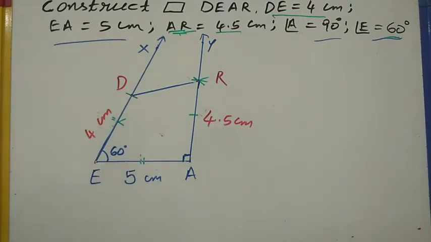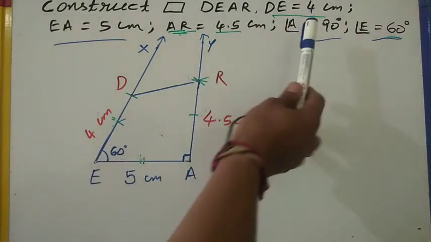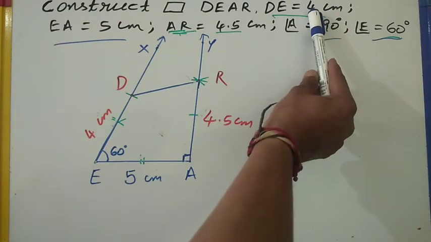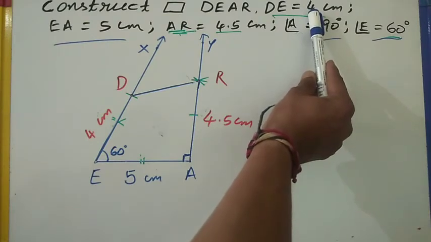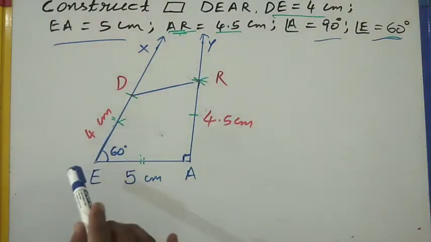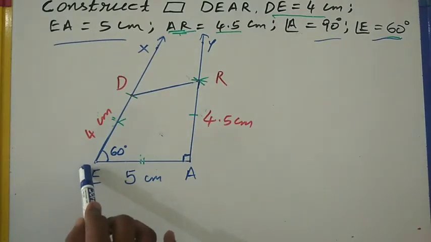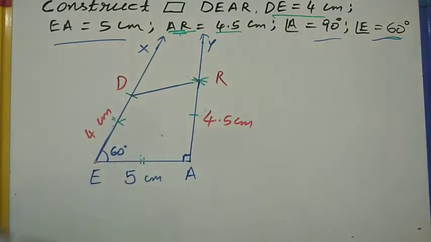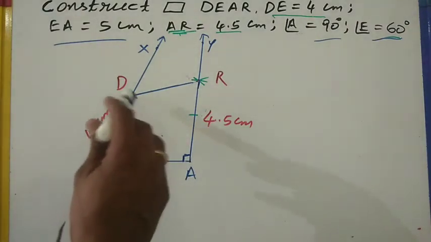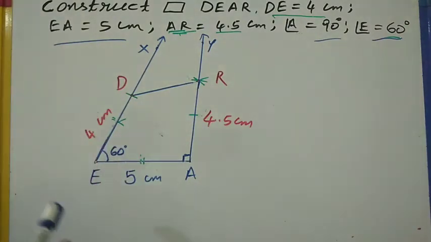Step 4, using a pair of compasses, taking radius as 4 centimeter, E as the center, cut the EX ray by an arc.